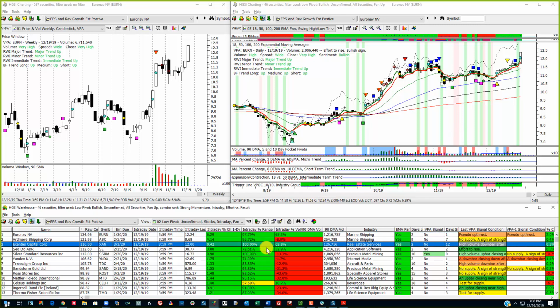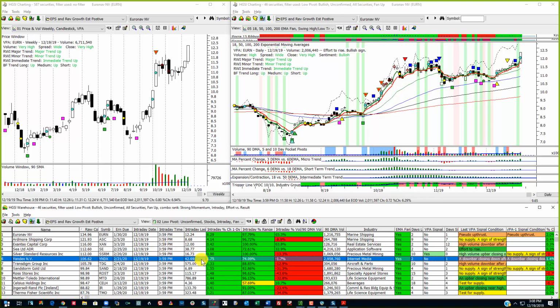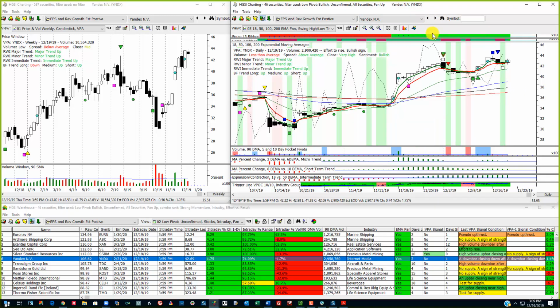This is another shipping company. Let's take a look here at, there's another shipping company. How about Yandex? Okay, here's Yandex, and I'm going to zoom in on this today. Here is your pivot today.